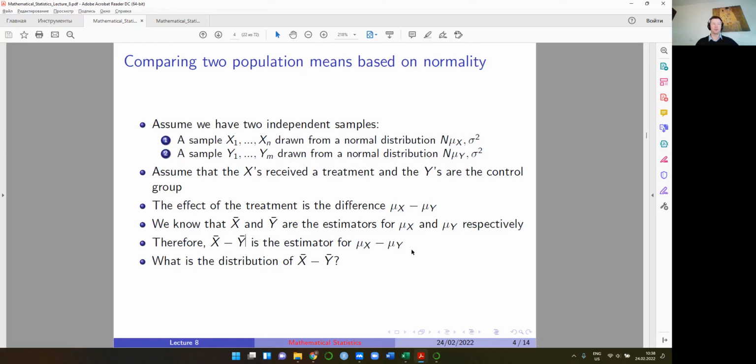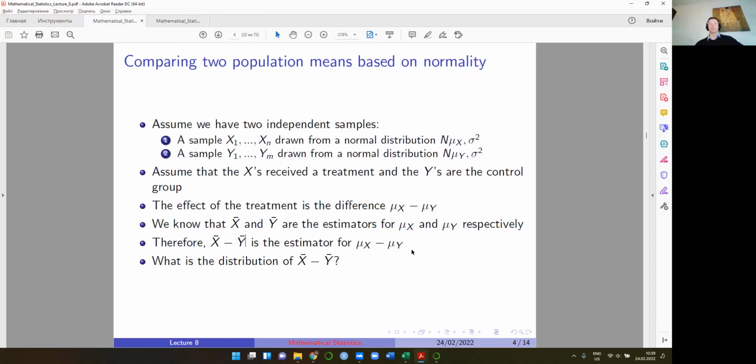Whenever you see the distribution, the first question that must come to your mind is, what is the distribution of this estimator? Because this is a random variable and you must know something about this. Because only to calculate this is not enough. You must understand what are the possible deviations of these numbers from the center, and where is the center exactly, right?